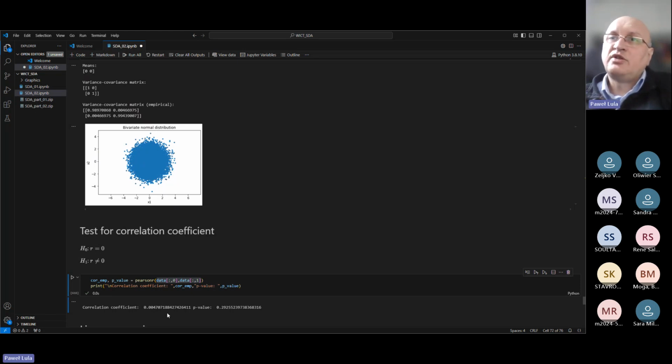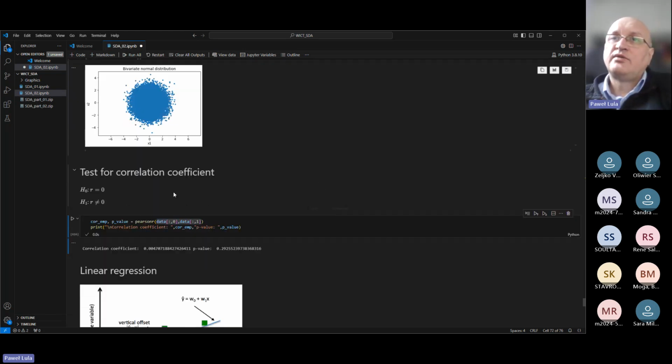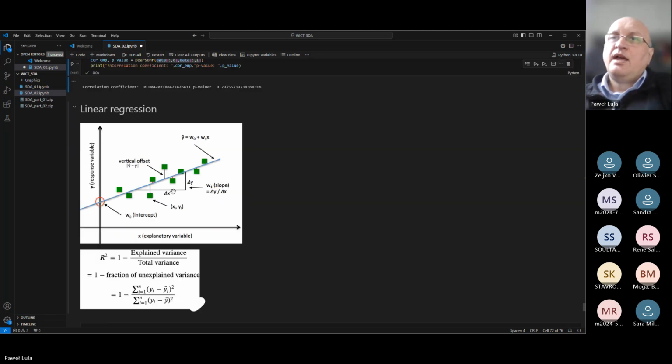Correlation is very, very low. P-value is higher than significance level. Then there is no reason to reject the zero hypothesis. Therefore, probably we can say that there is no correlation, no relationships between these two variables.